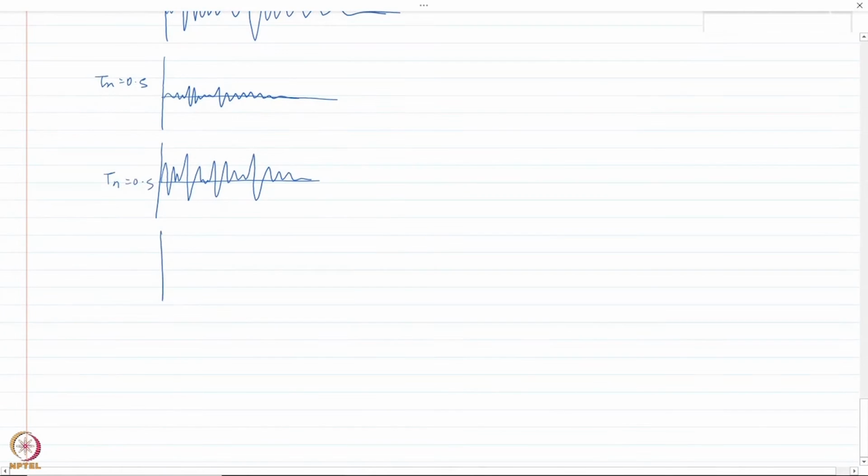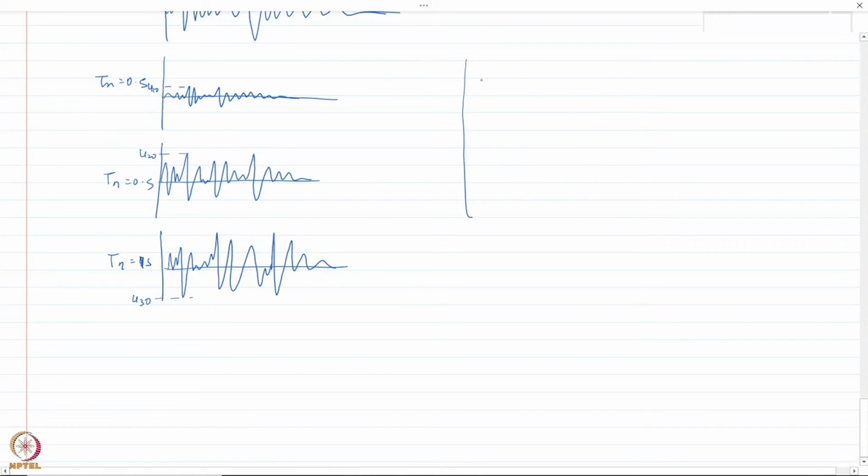Then I have the third one, which is Tn equal to 2 seconds. Each of these would give me certain peak responses. Let us say this is u10, this is u20, and this is u30.